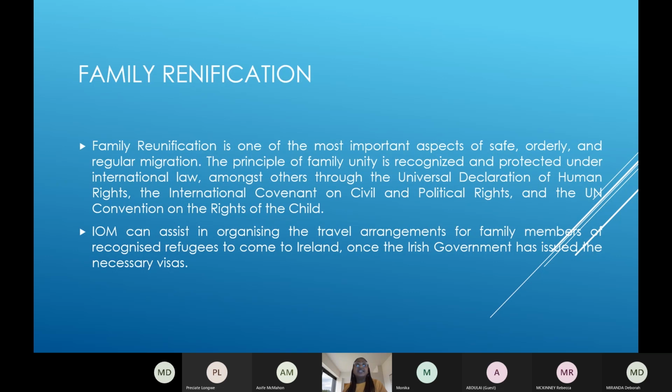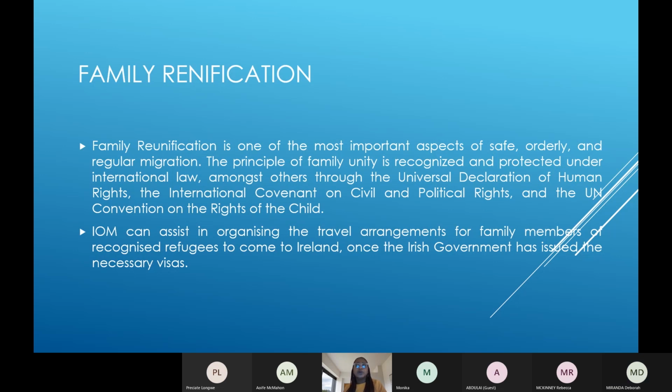So the main support that we assist with is travel assistance, travel tickets, necessary immigration formalities. We will not be assisting people with making the actual application that is required to be made at the Department of Justice.